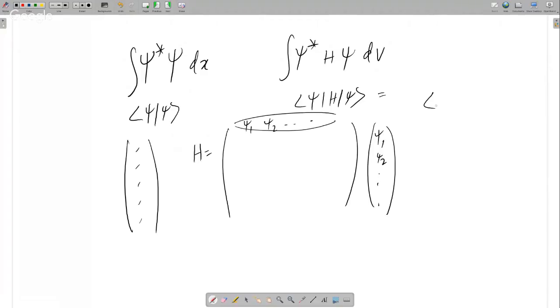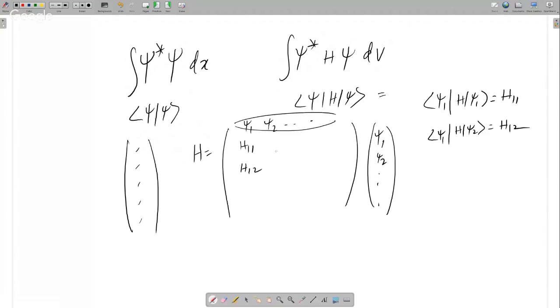So each element, if I take psi 1, H, psi 1, it will give me one matrix element, H11. Similarly, I'll take another one, H psi 2. It gives me another element, H12, which can be written here.